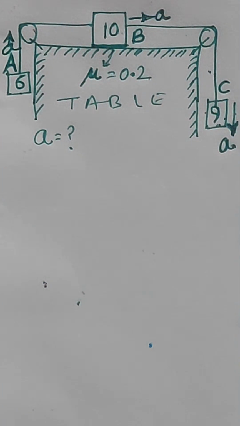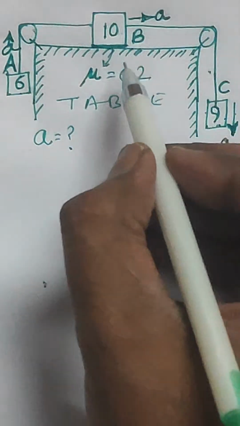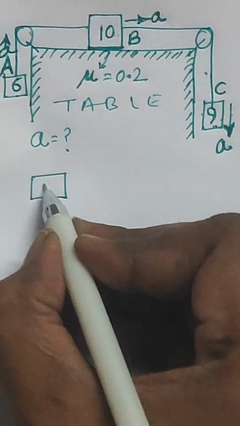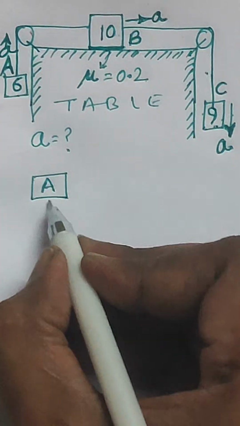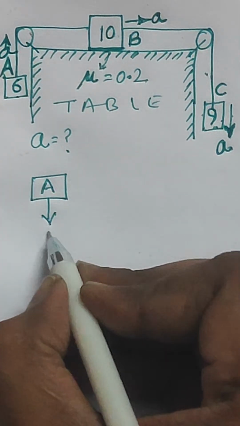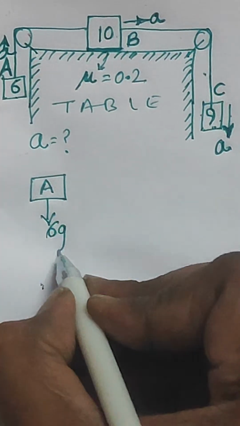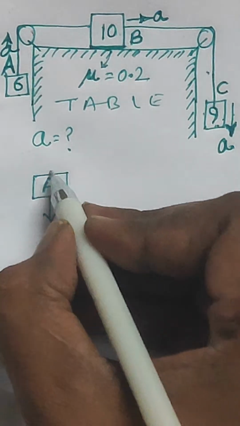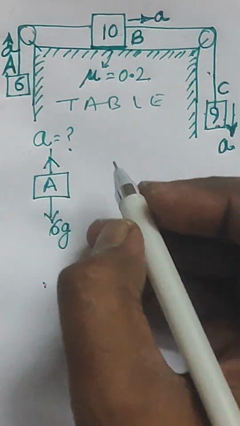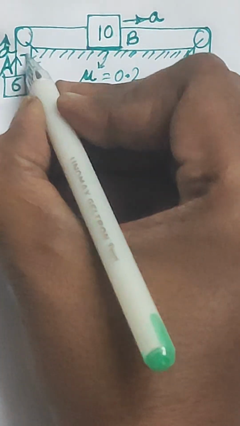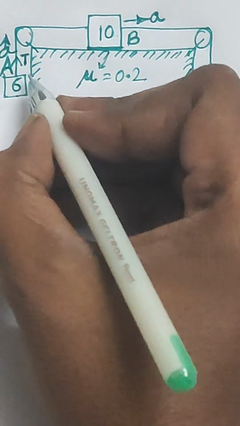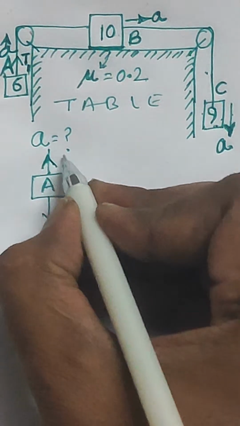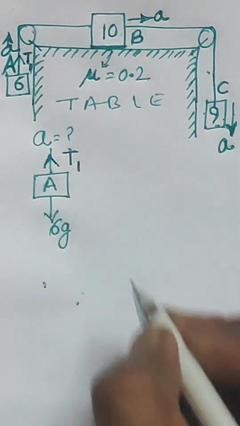Now let us draw the free body diagram. When you draw the free body diagram of block A, the weight mg, that is 6g, acts downward, and a tension, let us say T1, acts upward.